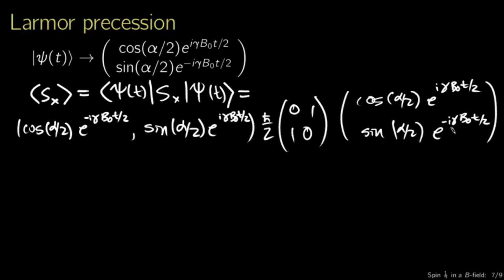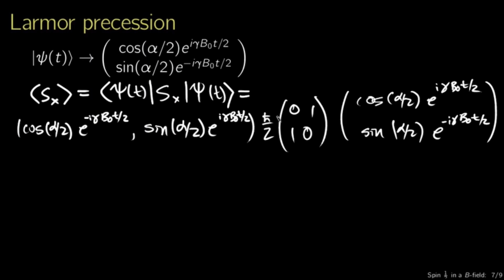Likewise, we'll get the cosine term appearing in the bottom position. When I do the vector-vector product then, I'll end up with the cosine term from here associating with the sine term from here, the sine term from here associating with the cosine term from here. So both terms in my vector-vector product that results here are going to have a cosine sine in them, a cosine alpha over 2 times a sine alpha over 2.